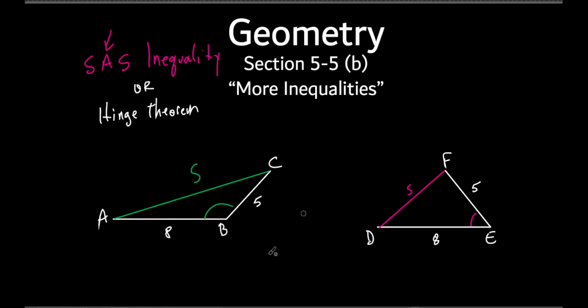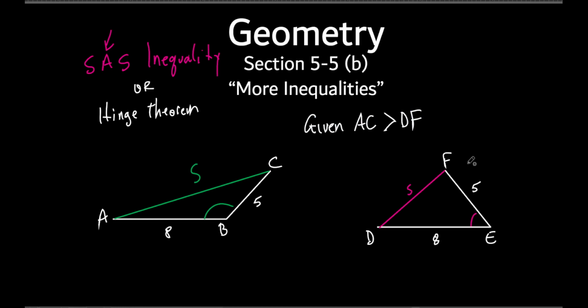So if they tell me that AB and DE are equal, and they are because they're both 8, and they tell me that BC and FE are equal, and they are because they're both 5, but they also tell me that AC is bigger, so this is what they tell me. It's given that AC is greater than DF.